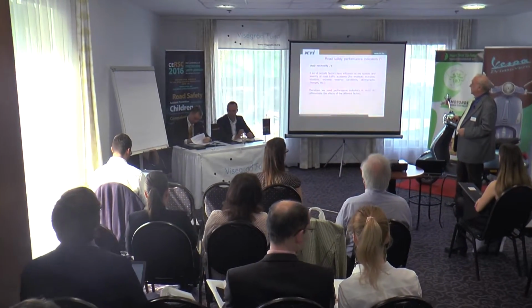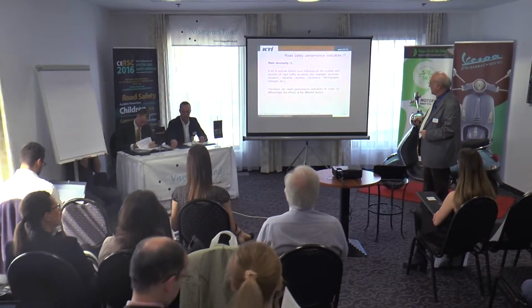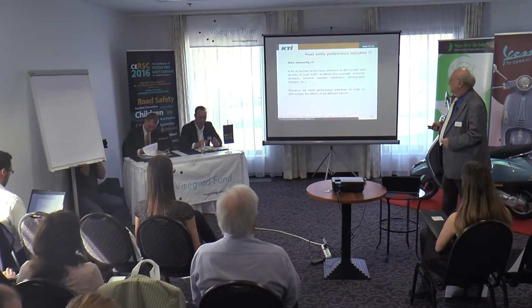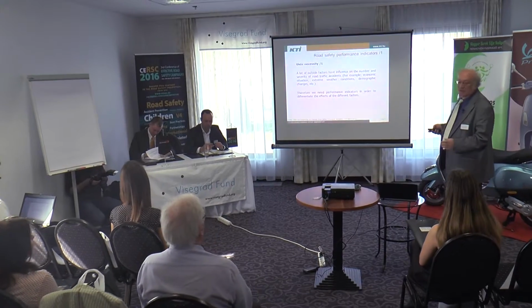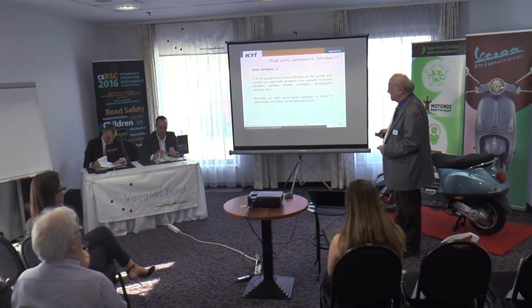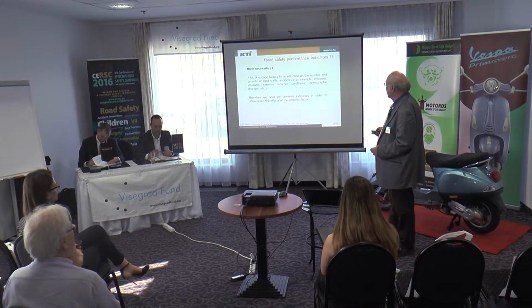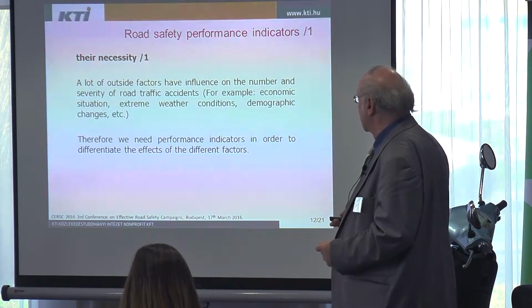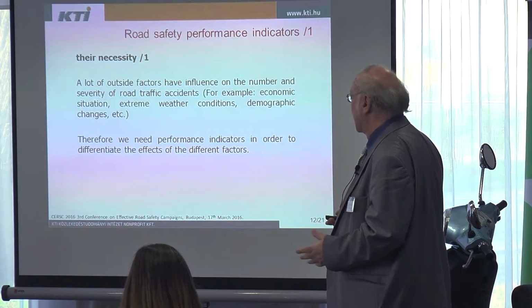And last but not least, the road safety performance indicators. We know that a lot of outside factors have influence on the number and severity of road accidents, as I already mentioned. For example, economic situation, extreme weather conditions, demographic changes, and so on.